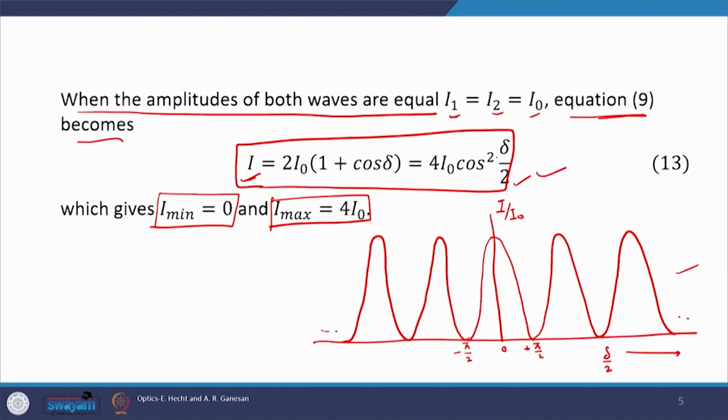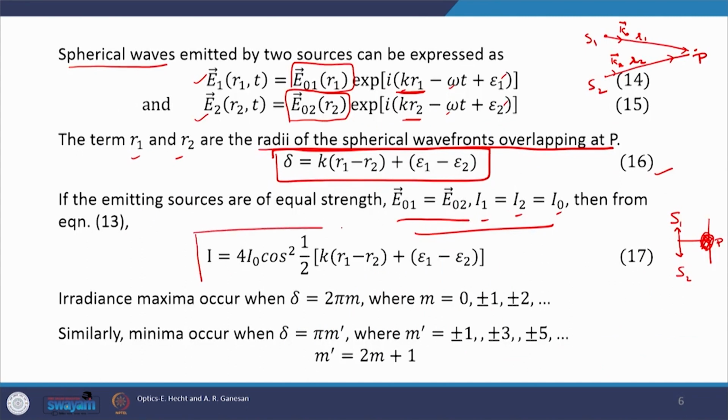We replace the expression of del, and this is what we get, the expression for resultant irradiance at the point of observation P. Here we see that the irradiance is now a function of R1 minus R2, and of course, it is a function of the difference between the initial phases.